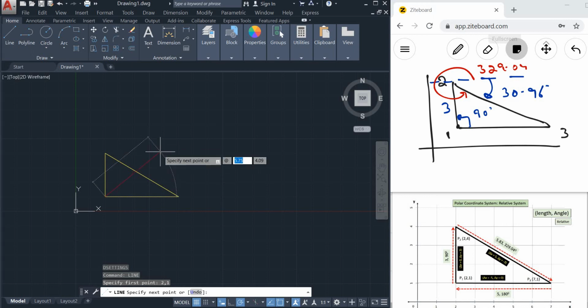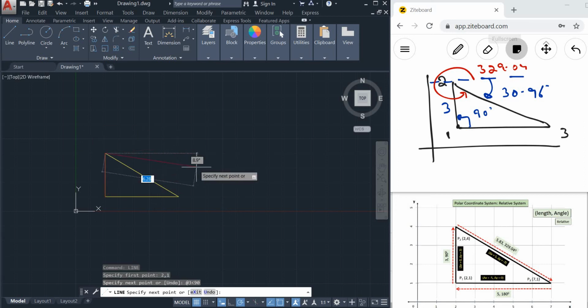In this case, the length is 3. Press the angle bracket key on the keyboard and specify the angle. Because we have pressed the angle bracket key, we have to specify the angle as per our angle unit setting. So my angle unit setting right now is for the anti-clockwise direction, so I will type 90.